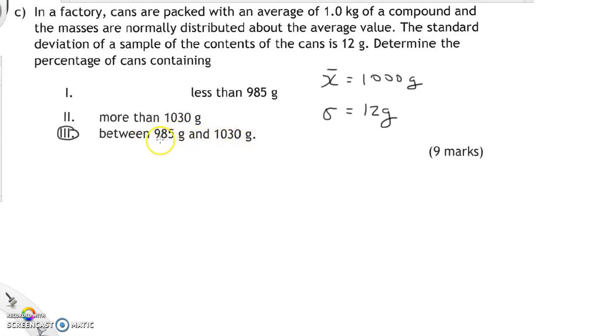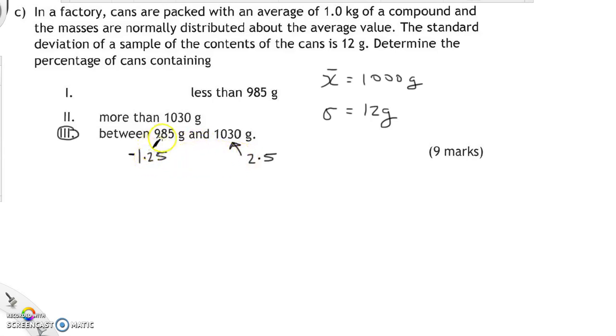Now we already have the Z scores worked out in the previous two parts. For this we got Z equals minus 1.25, and for this one here we got Z equals plus 2.5. So now we're looking to determine the percentage of cans between these two limits.